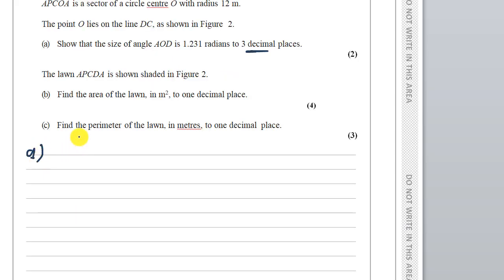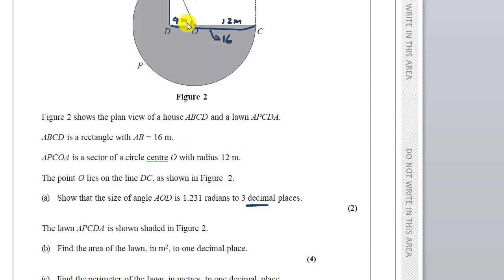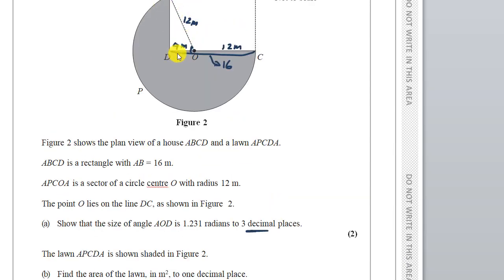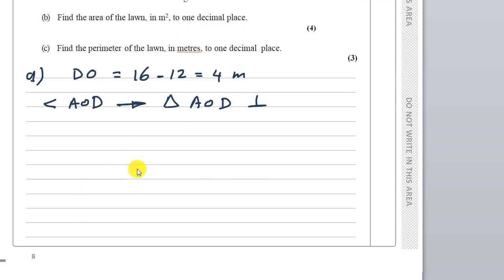We have DO equal to 16 minus 12, which is 4 meters. So cosine of angle AOD is equal to adjacent divided by hypotenuse, so 4 divided by 12.